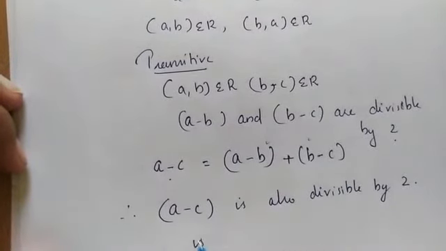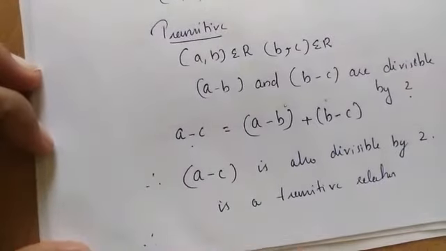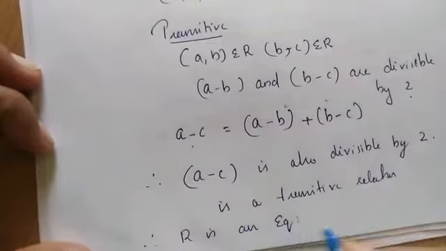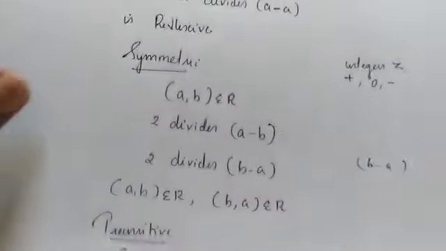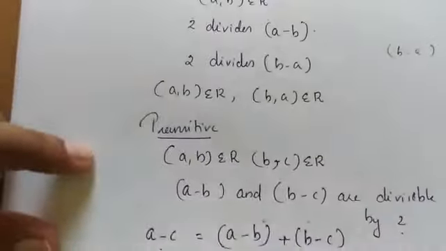Hence we can say that it is a transitive relation. Therefore R is an equivalence relation also. Why is it an equivalence relation? It satisfies all the conditions for reflexive, symmetric and transitive.